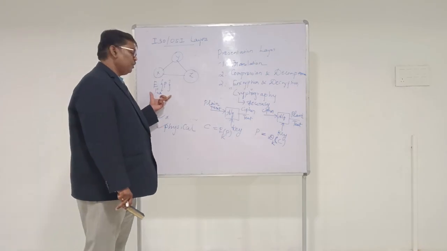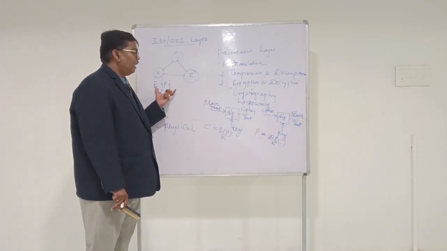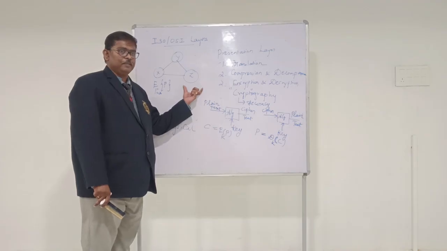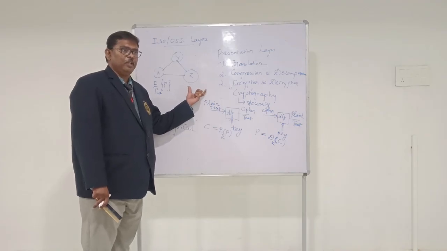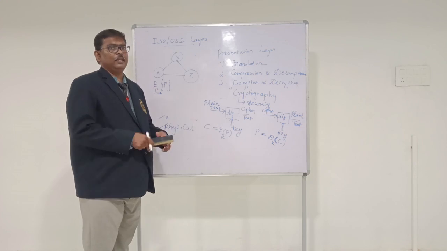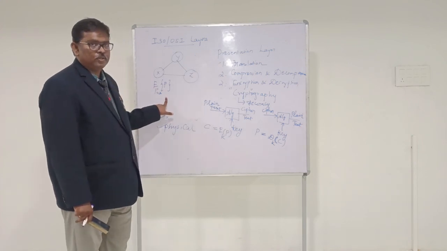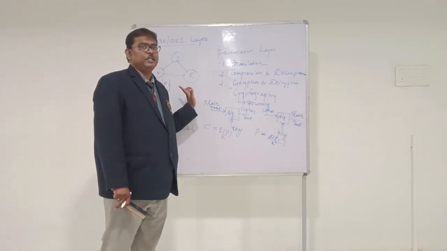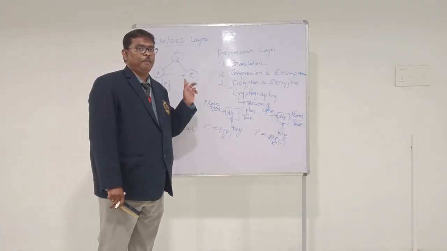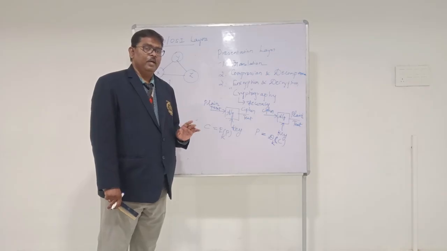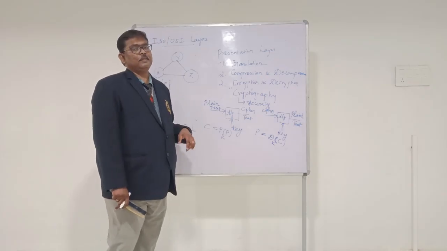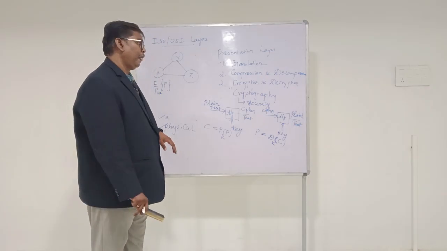Now I am encrypting this using the public key of Z and I will pass this information to Z. Now Z will use their own private key to decrypt this information. This is called public and private key cryptography, or else it is called the asymmetric encryption scheme.